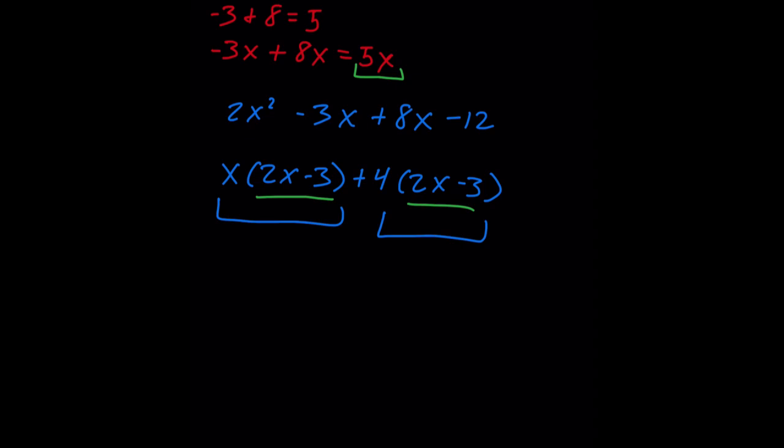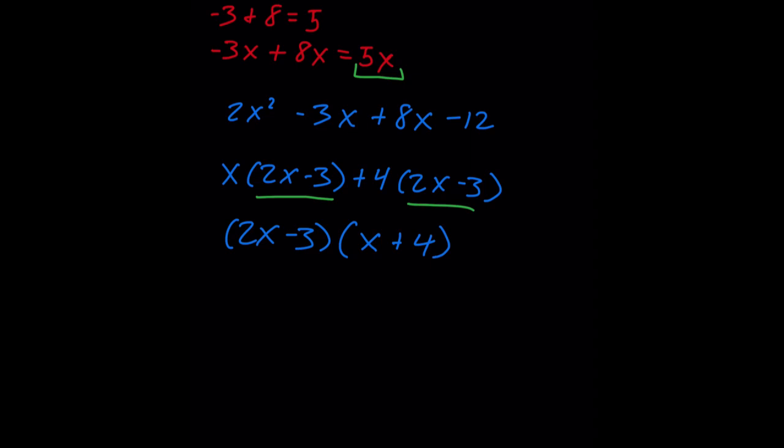So we're going to factor that out the same way we factored out the x and the 4 from earlier. We identify the 2x minus 3 as our greatest common factor, and we factor it out. What we're left with is the x that you see on the left-hand side and the plus 4 that you see on the right-hand side. And now we are done.